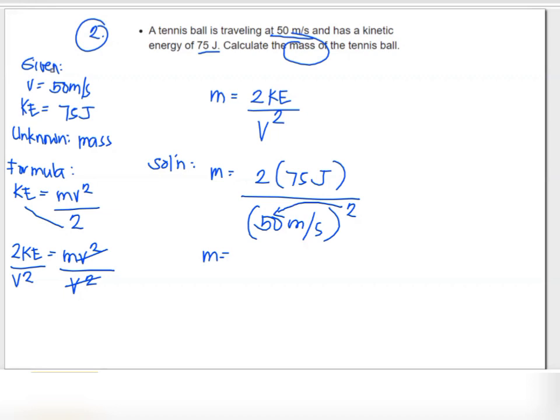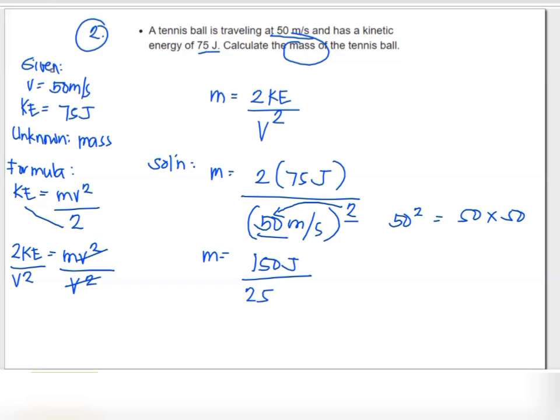Pero medyo sige na nga, isulat na natin. 2 times 75 is 150 joules divided by, ito class, yung 50 meters per second squared, paano kukunin? Yung 50 squared. Paano yung 50 squared? Gagawin yung class is 50 times 50.